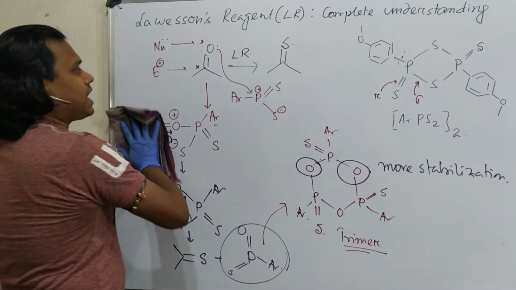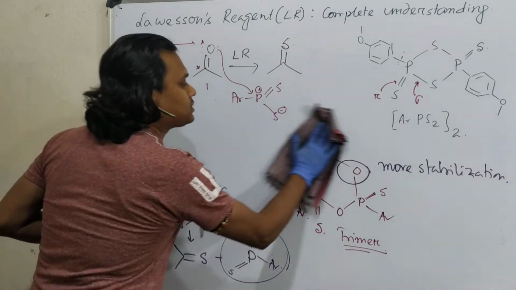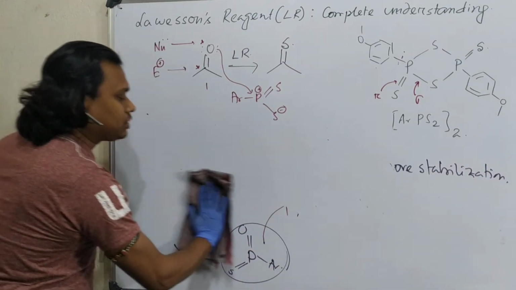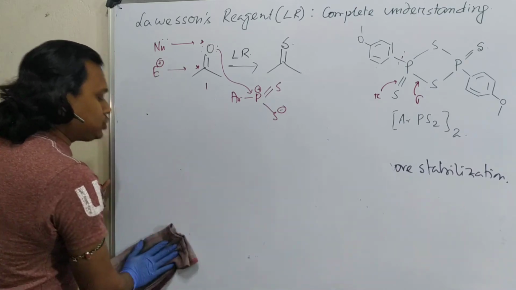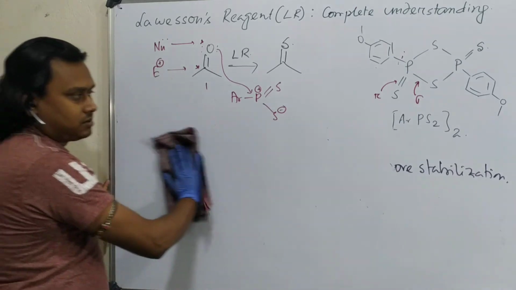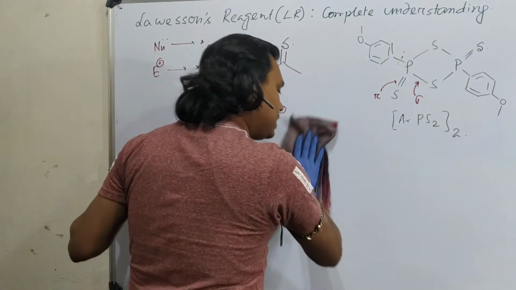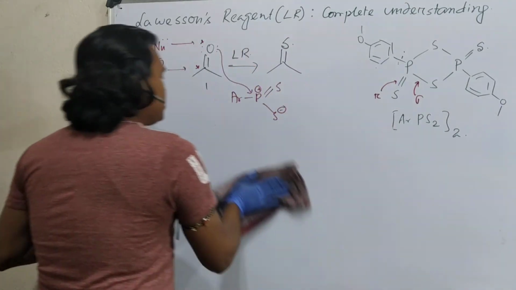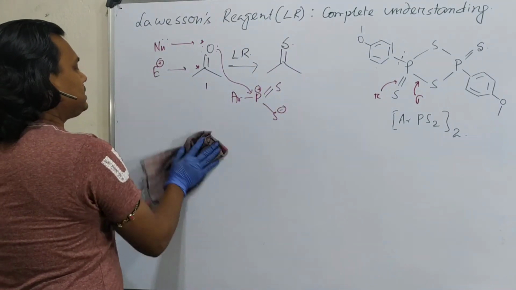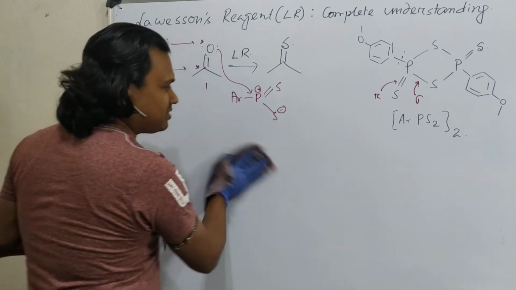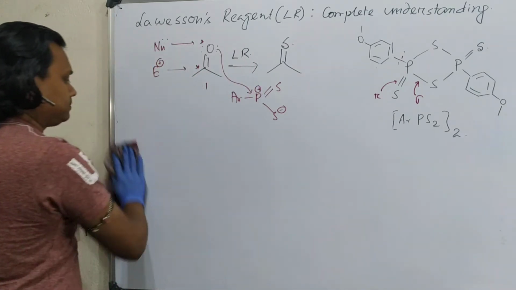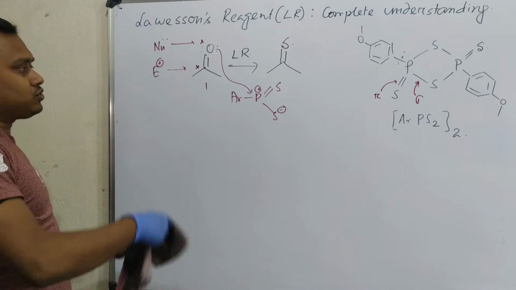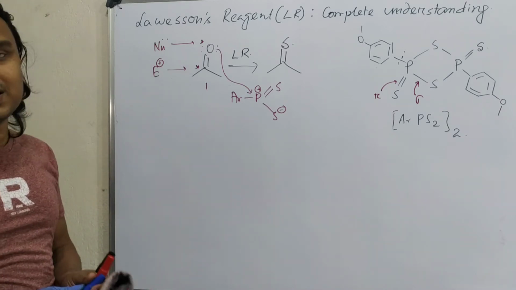Now, the question comes about the substrate scope or functional group reactivity. See, actually this reagent is milder and the reaction conditions are generally mild. And remember, generally it reacts not that fast. So in this case, what we have learned during the mechanism, 2 factors are important.